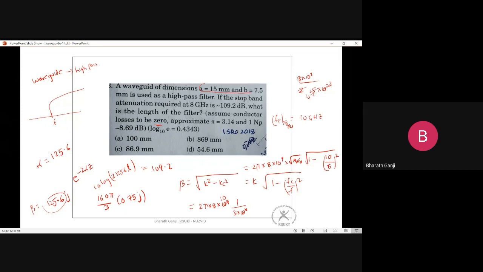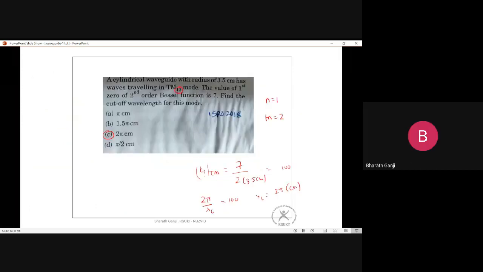Sir, KC is pm by a, right? Oh, pm by a? Okay, my bad. I think I went into rectangular waveguides. Yes, you're right. So KC is pm by a. My bad. So you get 200 here.